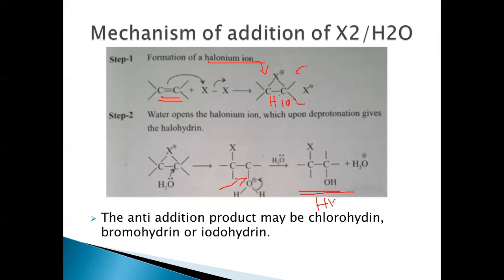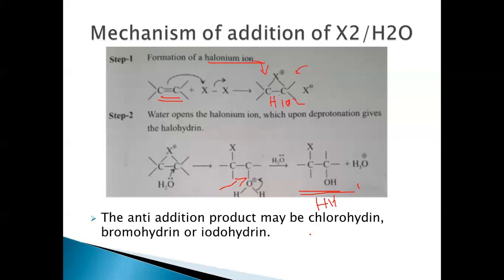Yes. And so the mechanism is: the first step is the formation of a halonium ion. In the second step, water opens this halonium ion, and the attack takes place in the anti-position, resulting in the formation of an anti-addition product, which on deprotonation gives this halohydrin, the product we wanted here.